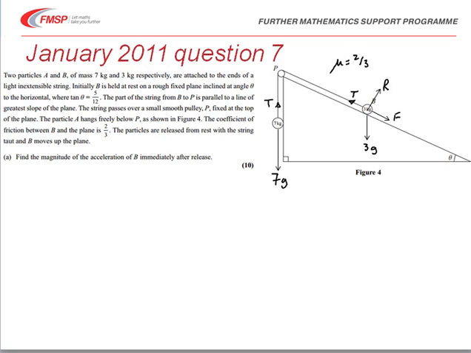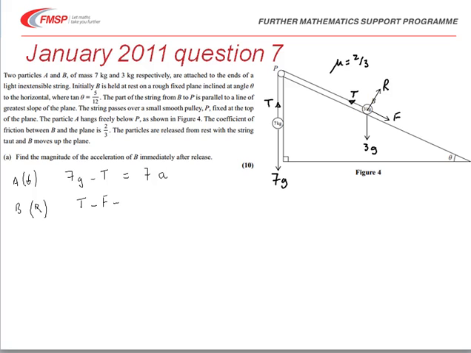So for A, first of all, if I take the forces acting downwards, then we have 7g minus T must be its mass, which is 7, multiplied by the acceleration. For particle B, I'm going to look at the forces acting up the plane. So there we have T, the tension in the string, and then acting down the plane, we're told that B moves up the plane, so therefore the frictional force is acting down.